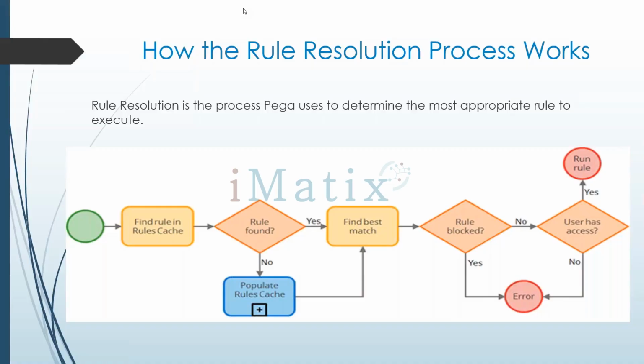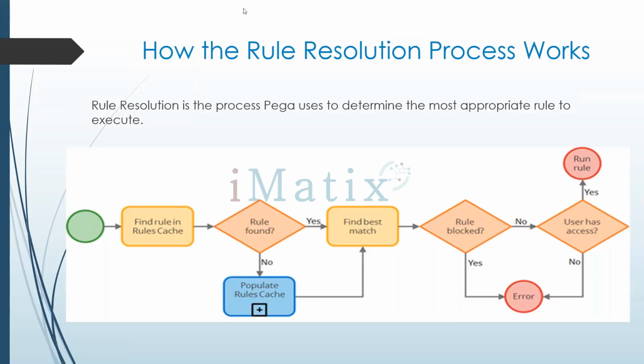Initially, when you have designed your case types or when you are running your application for the very first time, when you are running your case instance for the very first time, it took a bit longer. Slowly you have started creating more and more rules, more and more case instances. The system gains speed. Did you observe this? This is because of your rule resolution algorithm.